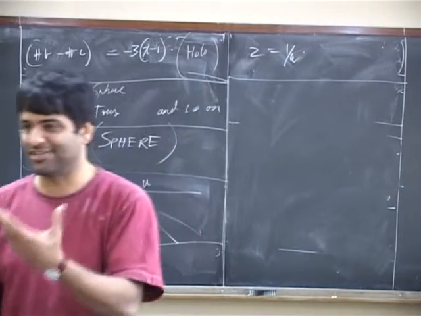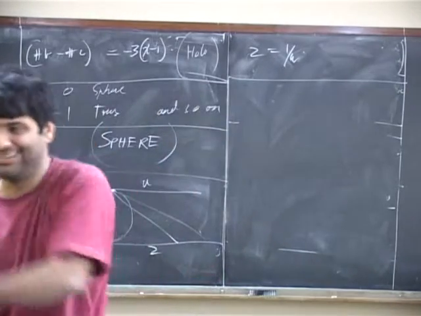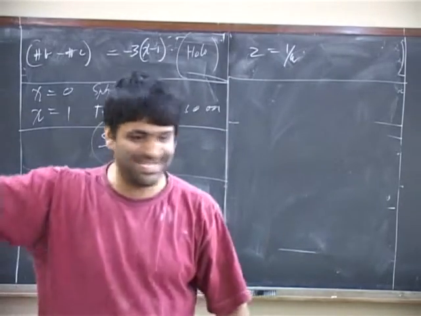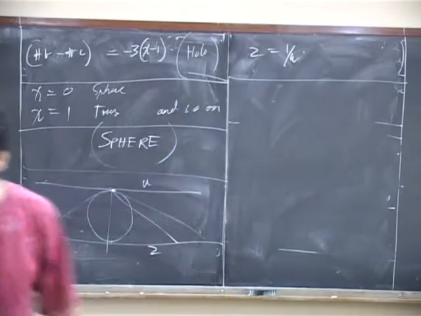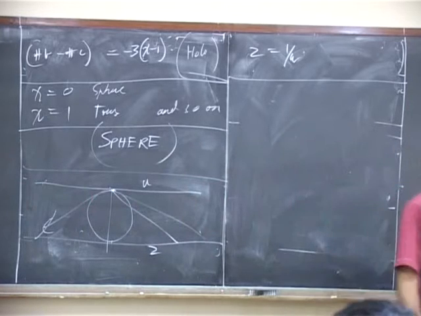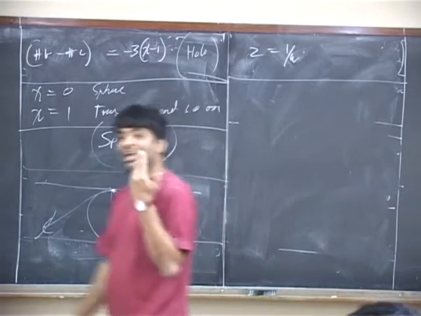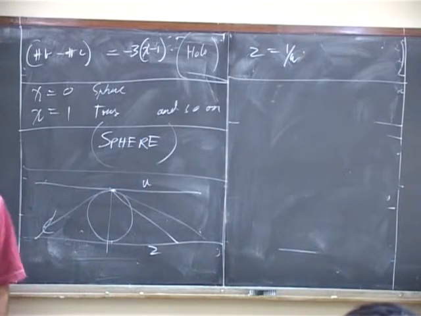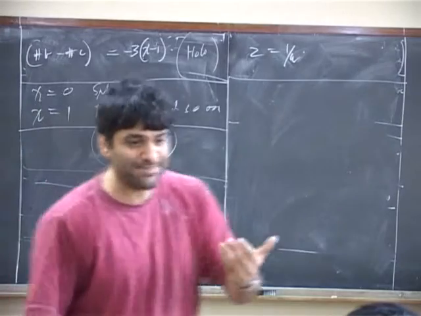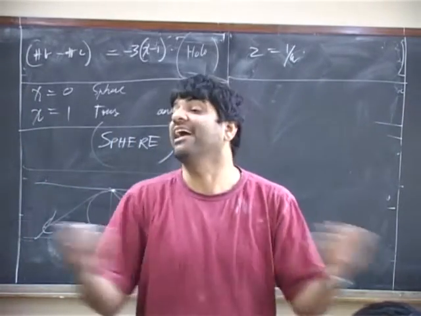And the action was B del-bar C plus B tilde del C. Okay? So 0 modes of the operator P or P dagger are simply infinitesimal vector fields or infinitesimal two tensor fields that are entirely holomorphic.